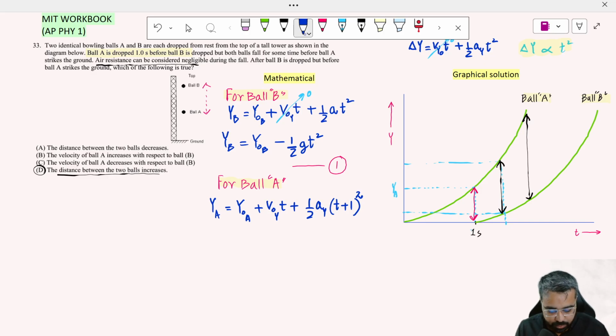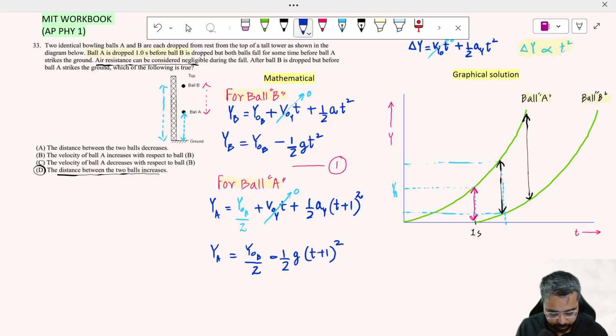And don't you think the initial position of ball A is half of the initial position of ball B? It's better if I replace it here with initial position divided by 2. So it is negative 1 over 2 g into t plus 1 whole square. Students, this is our second equation.